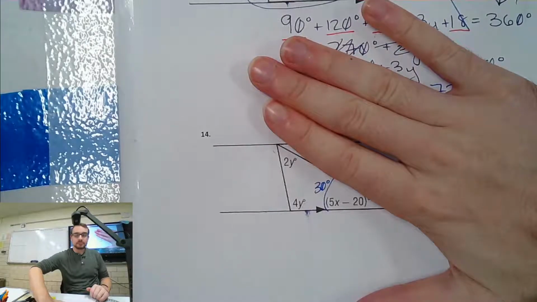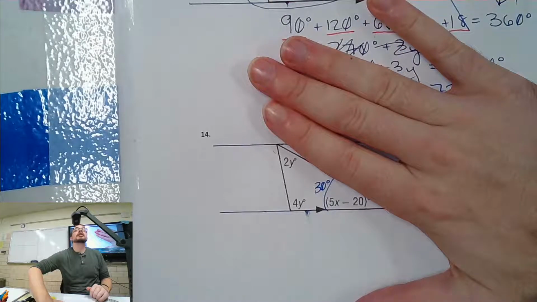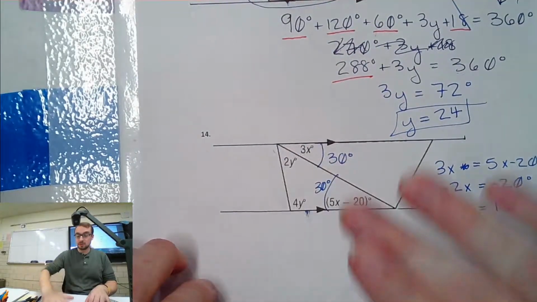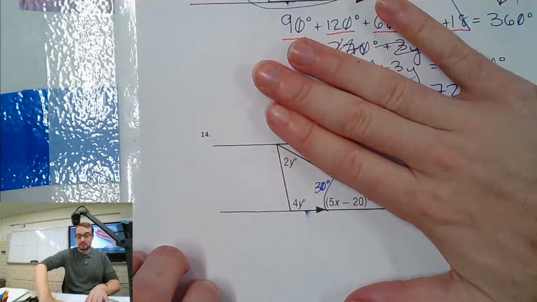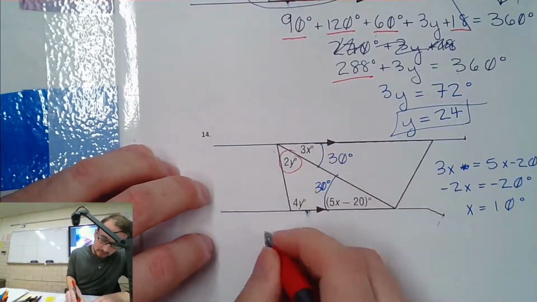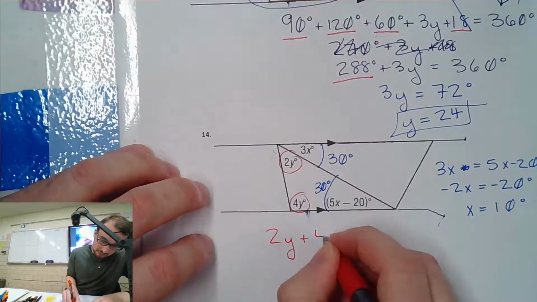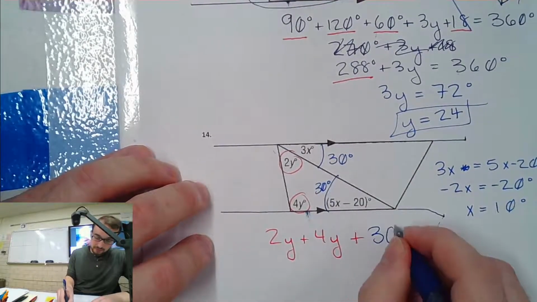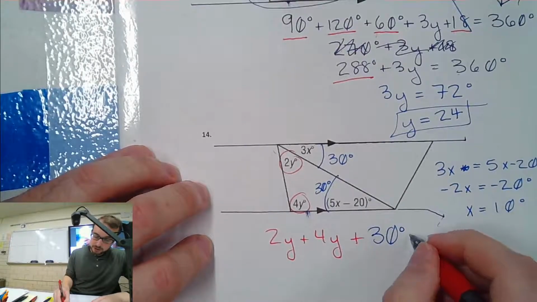Triangle. Triangle angles add up to what? 180. All of these angles are going to add up to 360, right? Because there's two triangles, but one triangle is 180. So I know that 2y plus 4y plus this corner down here, which is 30, right? Should equal 180.